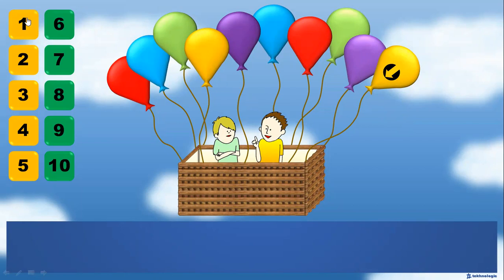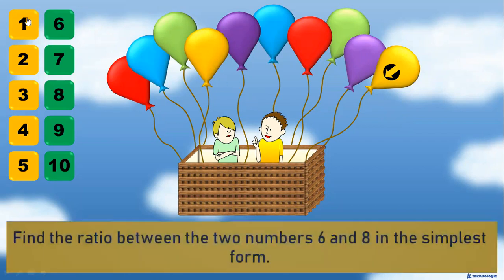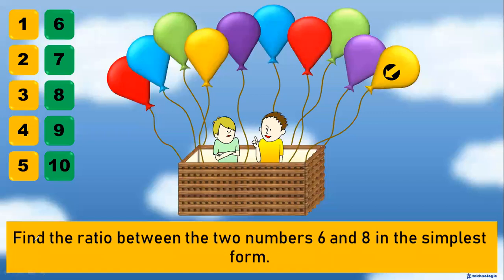For example, I will choose number 1. Okay, now let's see your question. Find the ratio between two numbers, 6 and 8, in the simplest form. Okay, I will write 6 to 8 in the simplest form.